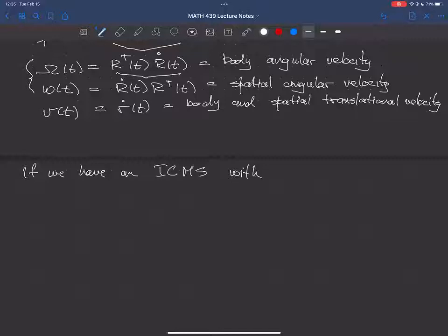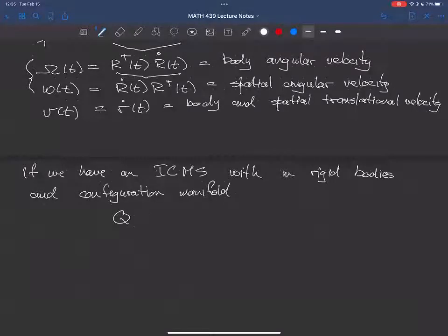Okay, so we have an interconnected mechanical system with m rigid bodies, and configuration manifold Q, which, remember, our definition of an interconnected mechanical system was that the configuration manifold was a submanifold of Q free.